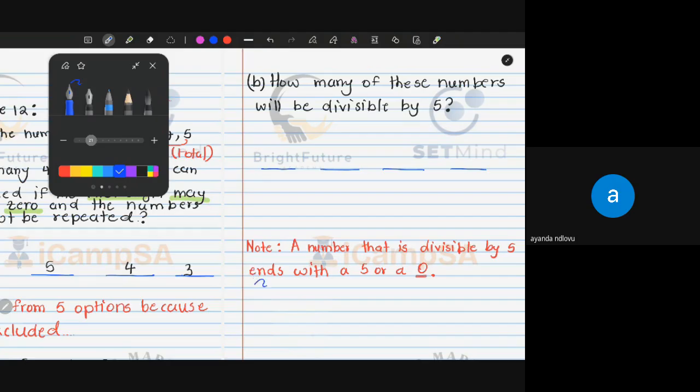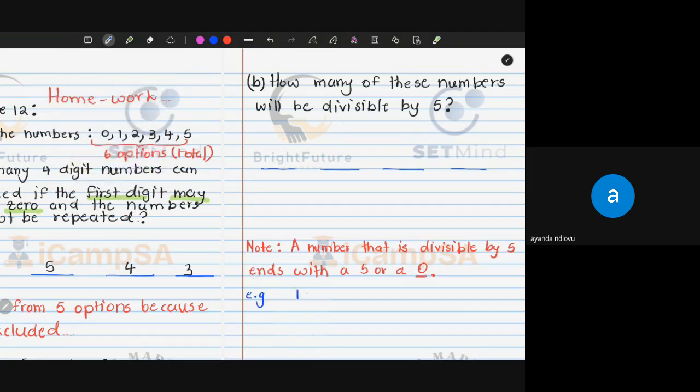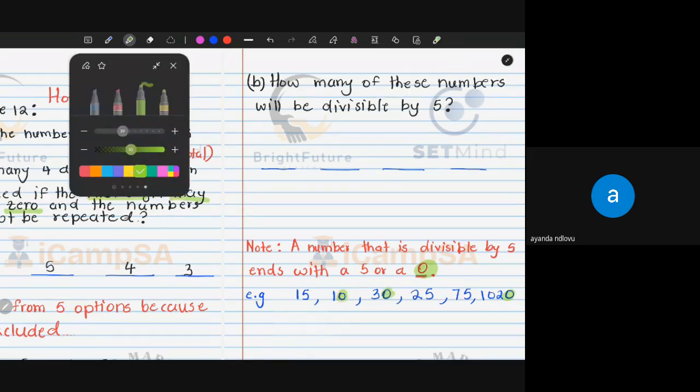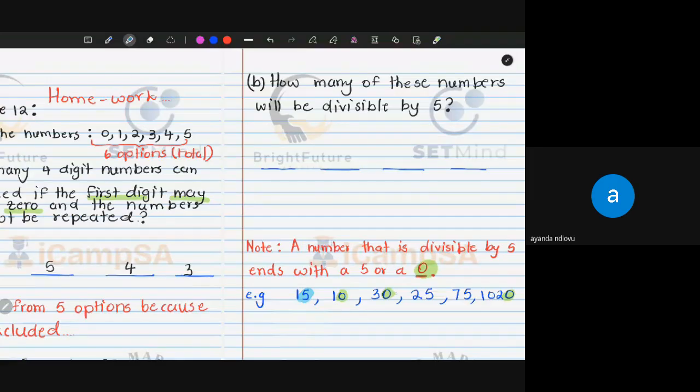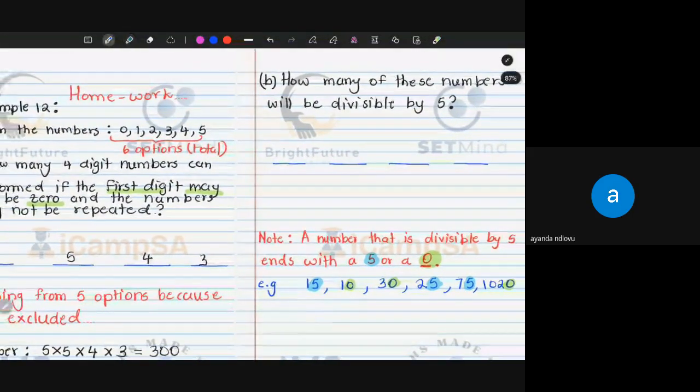If you think of numbers that are divisible by 5, let me give you an example. 15, do you see it ends with a 5, 10, and we can do even 30 or 25 or 75 or whatever number that you can think of, 1,020 and so on. What you need to realize is that these numbers are ending with zeros or they are ending with 5s, guys. So that pickup there is very important as part of answering our problem.